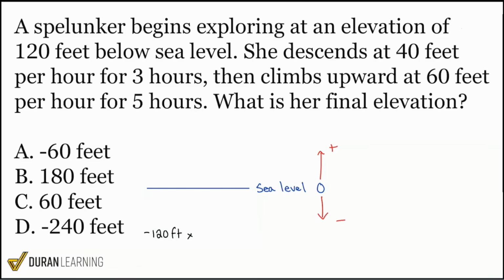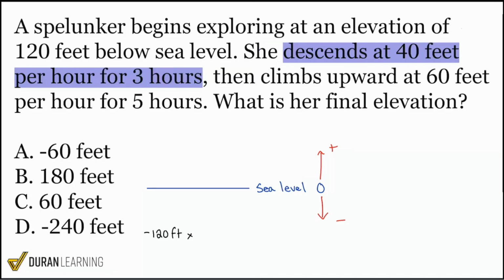Next up, it says she descends at 40 feet per hour for 3 hours. Everyone help me out. From this starting point, when we read this part here, we descend at 40 feet per hour for 3 hours. Are we going up or down? Yeah, we'll be going down in that case. So we'll write that.